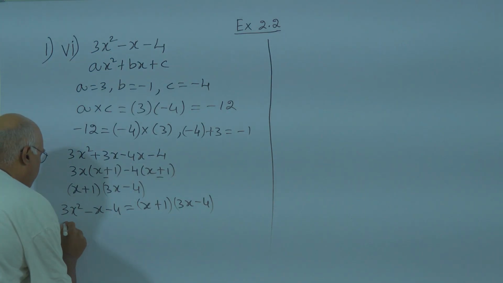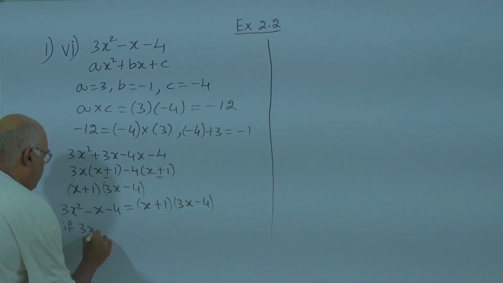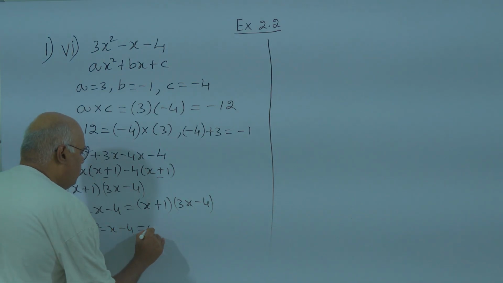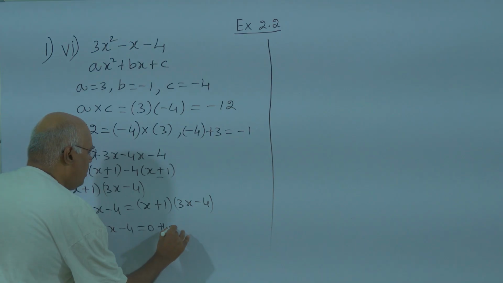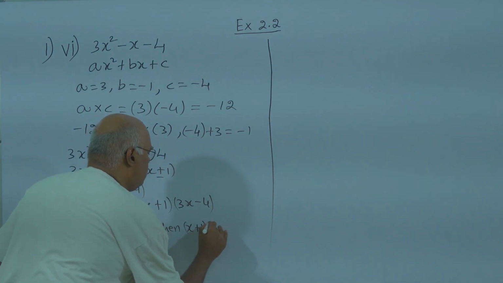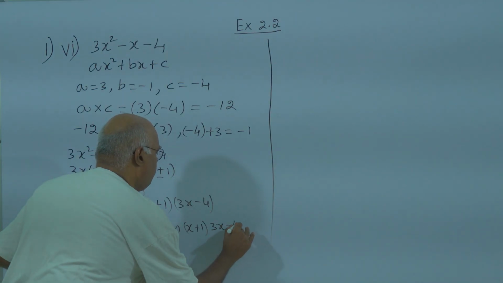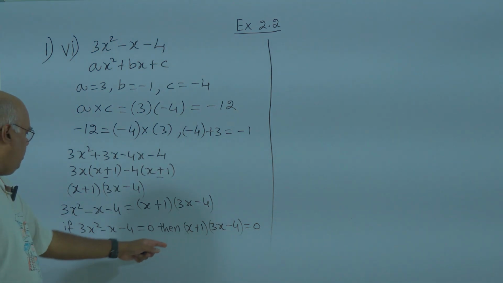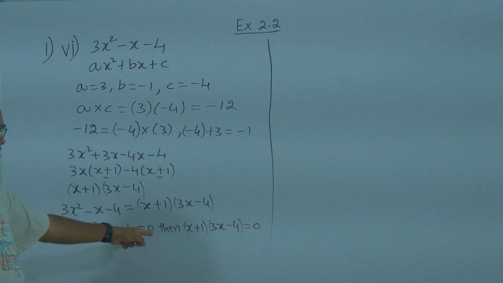Now if 3x square minus x minus 4 is equal to 0, then x plus 1 into 3x minus 4 will also be equal to 0.